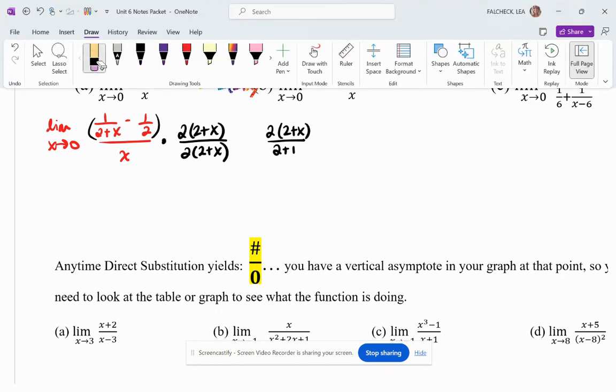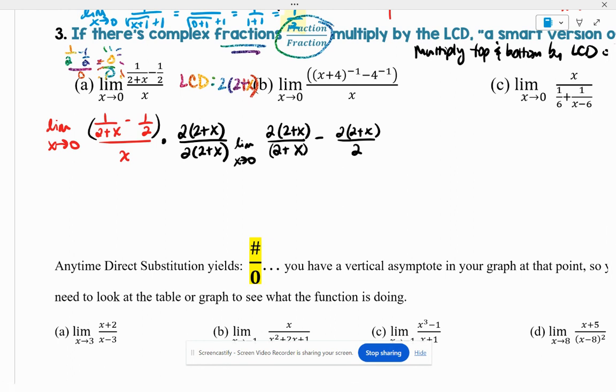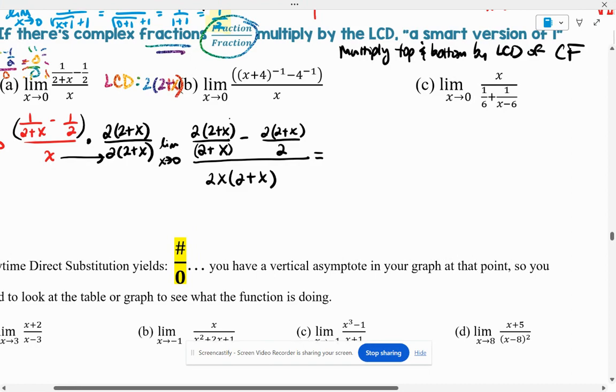This is me working in the numerator right now. And then here's what I mean by, you'll start to see the stuff that cancels. Go back to the black color. Okay, so that's on the numerator. And then on the denominator, I would have 2 times x times 2 plus x. I just multiplied these two. All right, so now you'll see the stuff that cancels, right? He cancels.